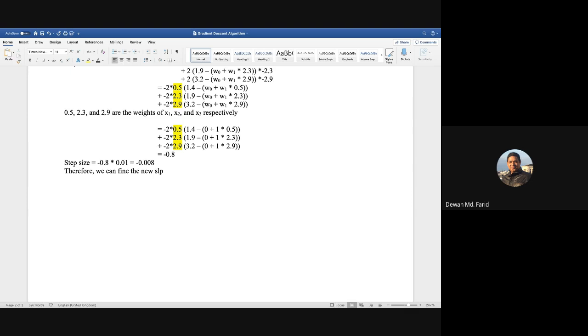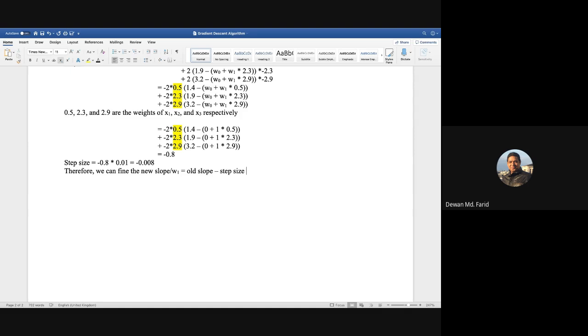Slope, or W1, equals the old slope minus step size, right? Right, sir. Minus step size. So similarly, this will actually change the line, right?